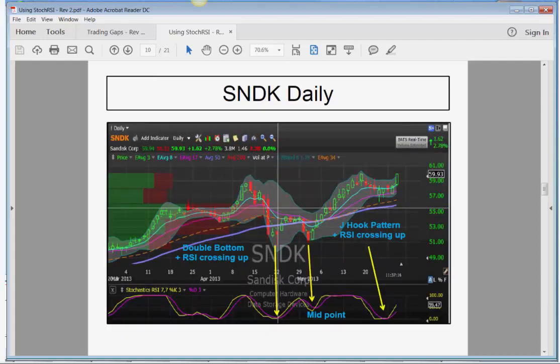All right, here is a double bottom RSI cross up. Well, then a J hook. Well, there's the double bottoms right here. This one's at a midpoint. They did a cross. I don't really care so much about the cross, but what happened is it got oversold. It bounced back up, goes back down to the double, and there's the double.